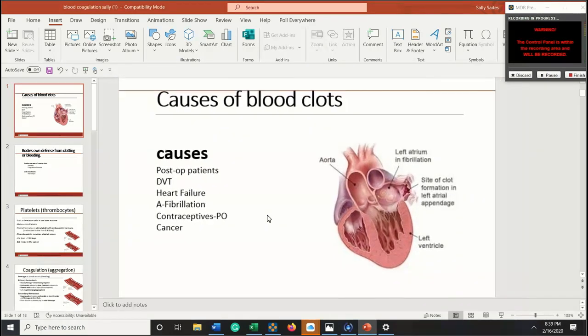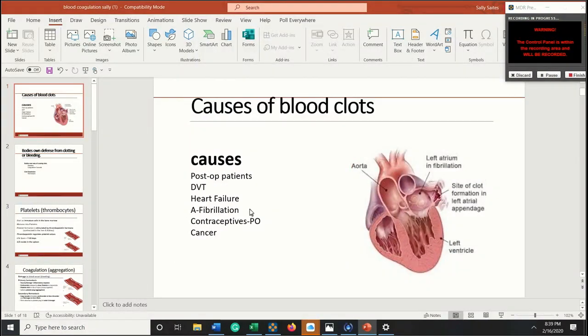So let me show you here, let's just talk about atrial fibrillation for a moment. Here's your heart, here is your aorta, and here is your left atrium in fibrillation. So we're looking at the left atrium right now.